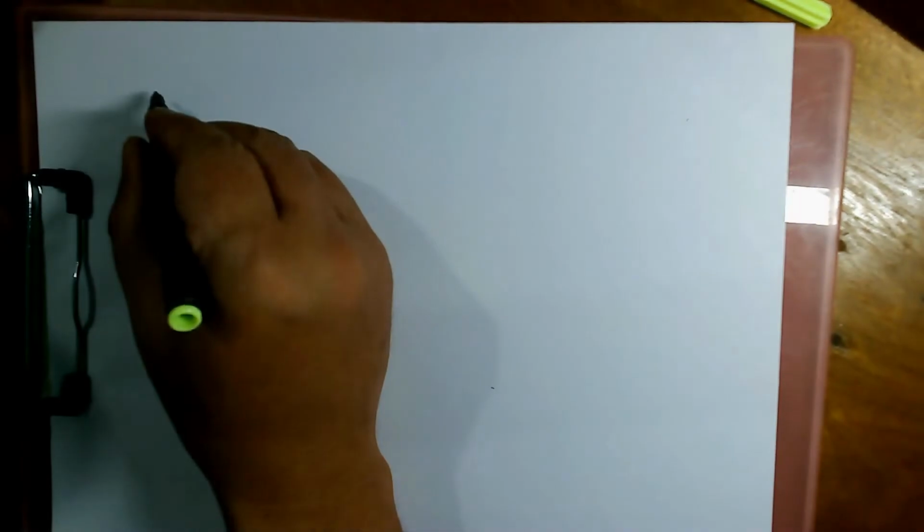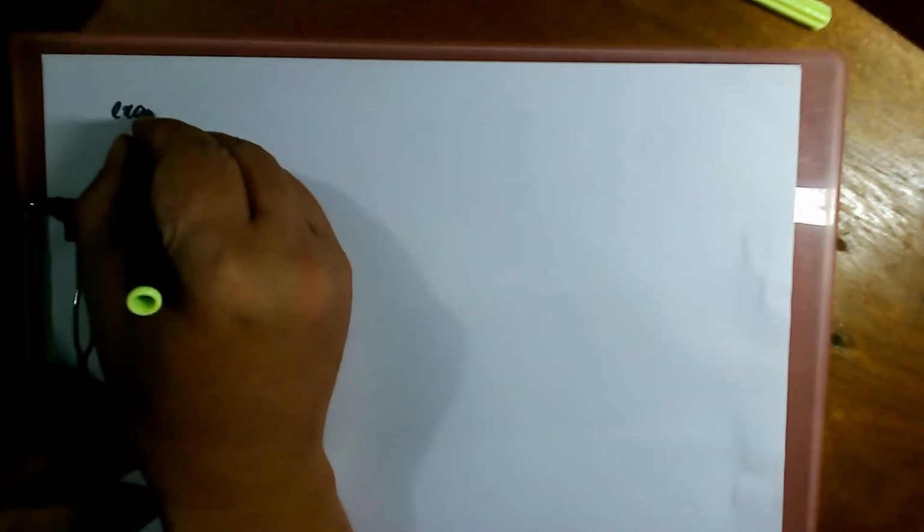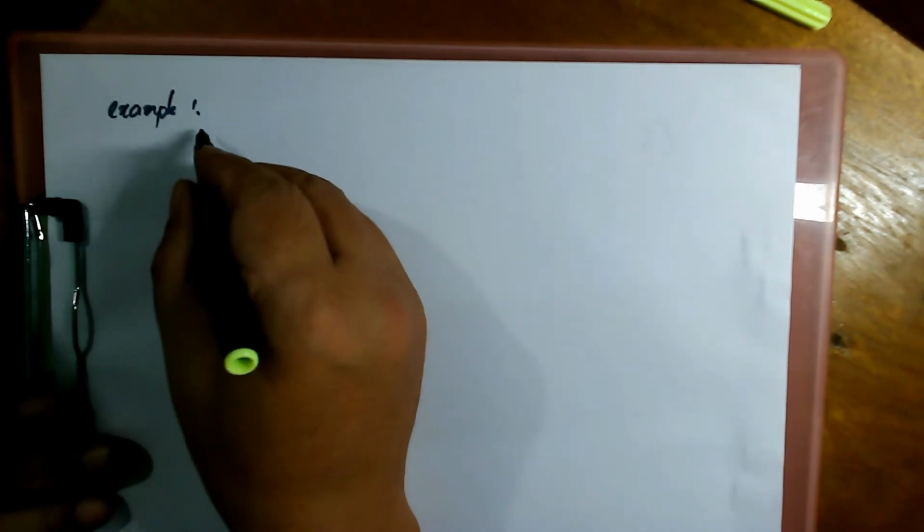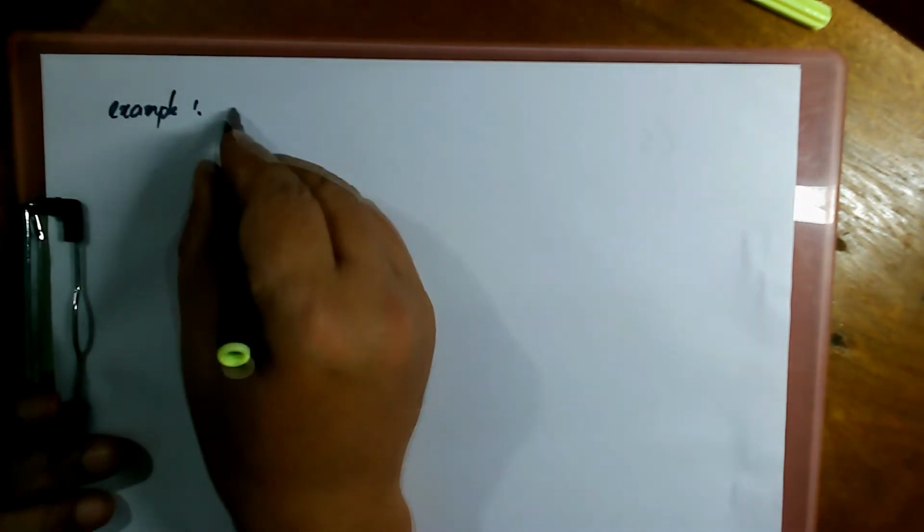So let's solve some questions to see all these things. Let's say example 1: a given ordered pair is (3, 4). In which quadrant will it lie? Let's try to locate this point in the Cartesian plane.